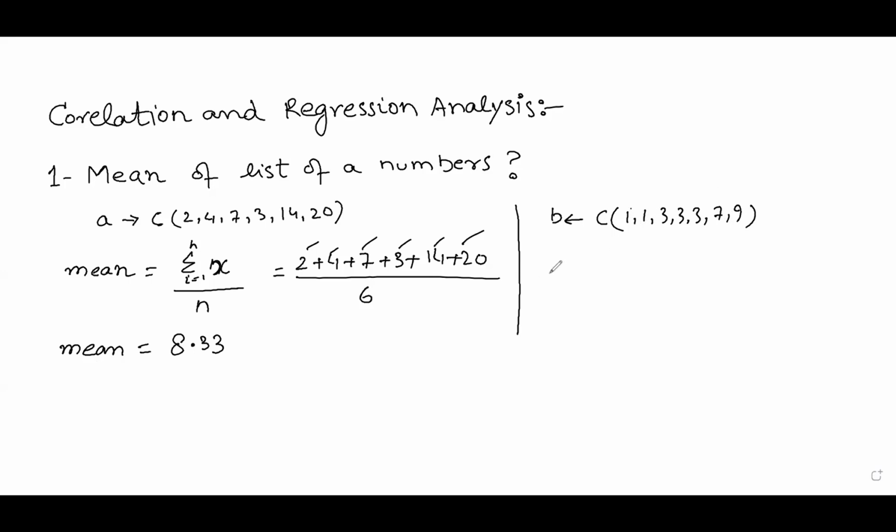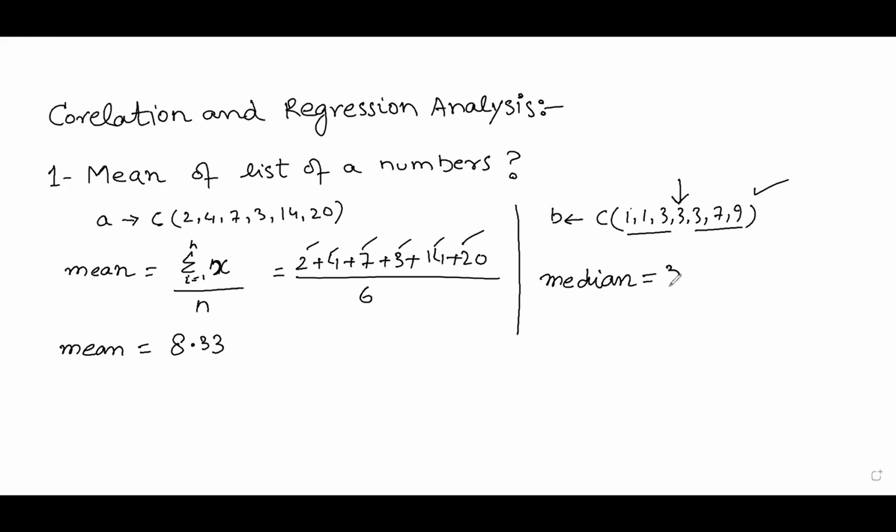So if I ask you what is the median, can anyone tell me what is the median in this one? Can anyone please tell me? 3. Why 3? Median means the middle value. So we will leave this one from the center. The centered value will be your median.